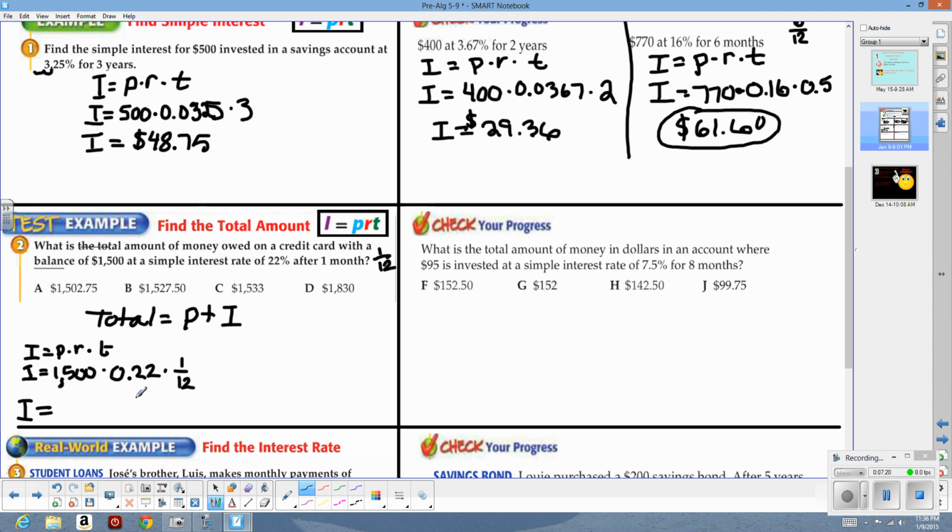That's going to equal $27.50. So that means the total amount, the total, is going to equal the principal, which was $1,500, plus $27.50.